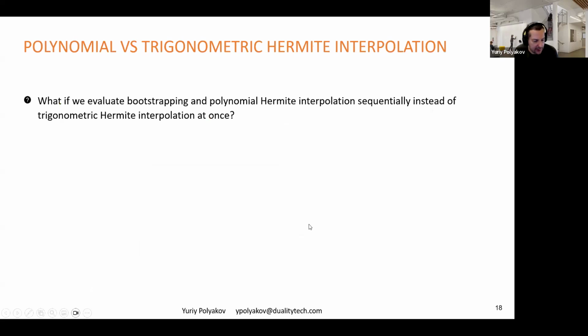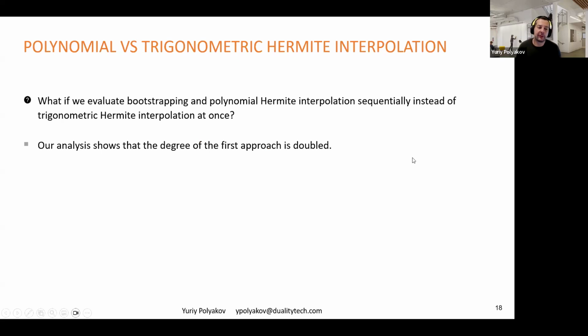And maybe one also interesting question that we examined as well is: what we just described is an approach for functional bootstrapping. Alternatively, we could evaluate regular CKKS bootstrapping and then use polynomial Hermite interpolation on top of that to achieve the same effect. How does this approach compare with direct use of functional bootstrapping?